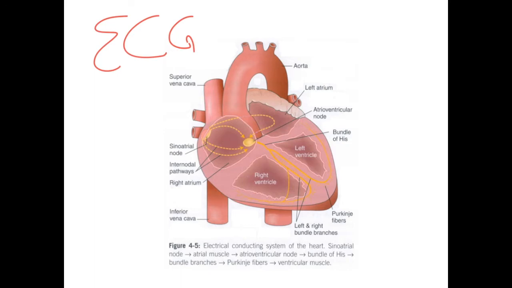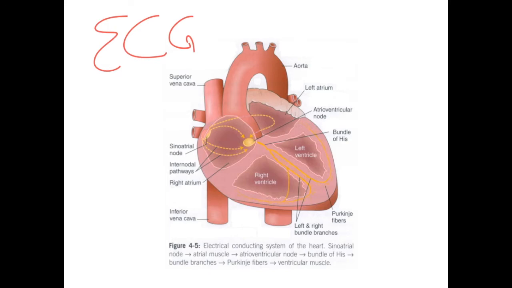When we think about electrical activity in the heart, I like to think about two different conducting tissues. One is what we call the electrical conducting system of the heart, and the second is the rest of the heart muscles.